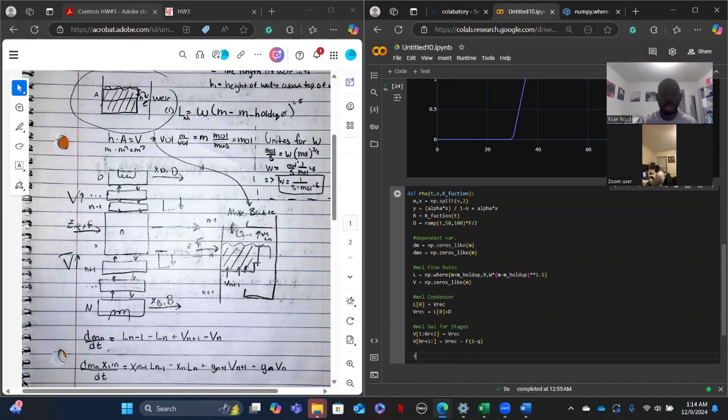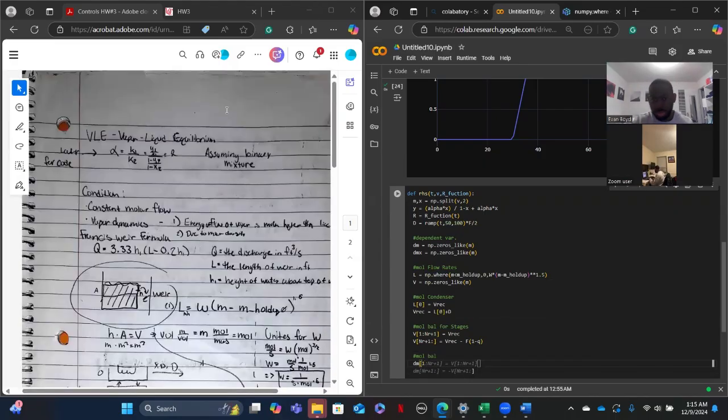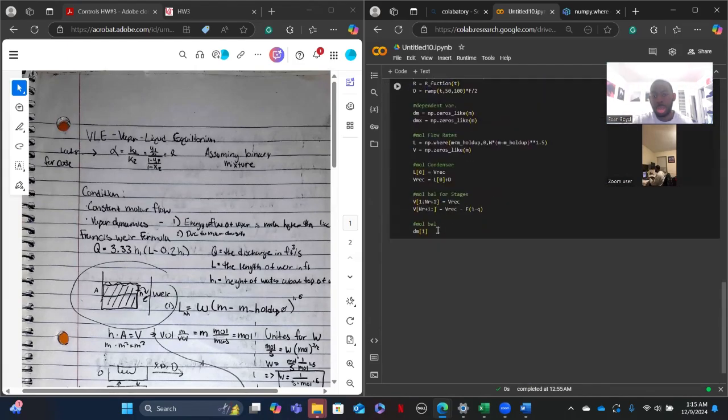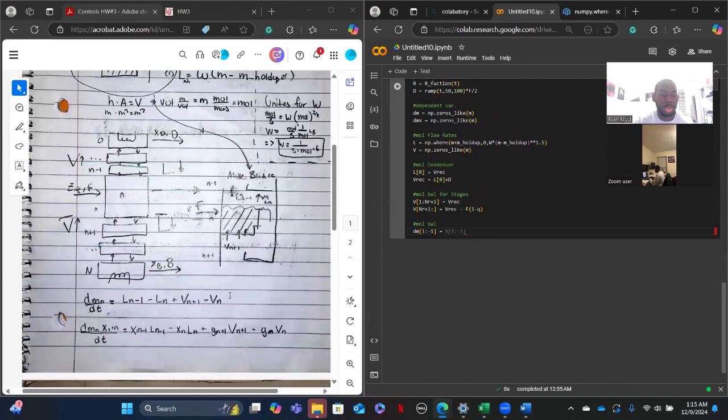So for our mole balance, we can start with our DM, and this would be from 1 to 6, so all the in-between equilibrium stages, including the feed as well. So from 1 all the way to our 6, and we'll be inputting this equation in right here.